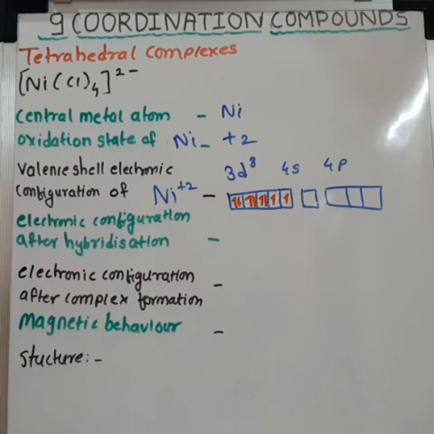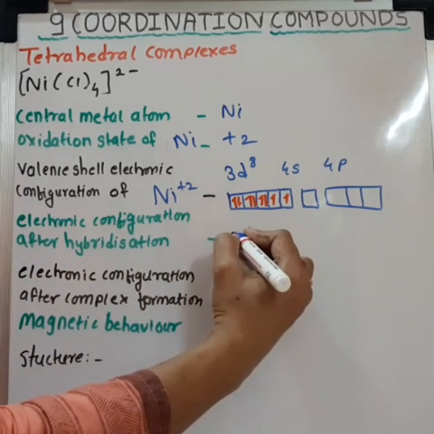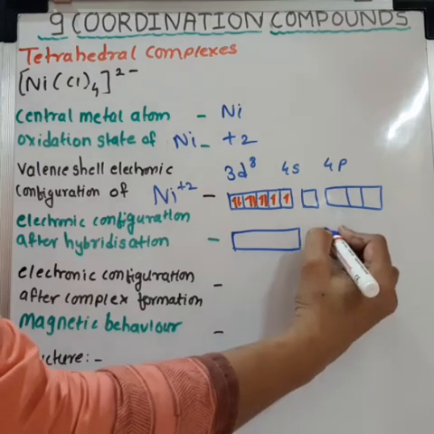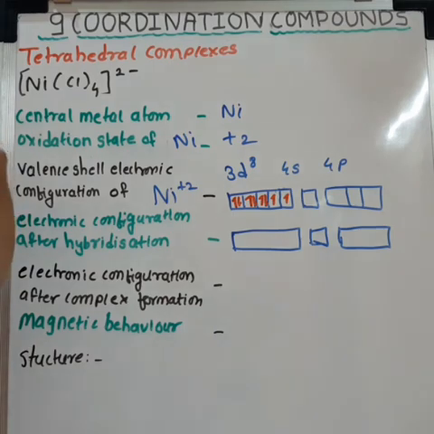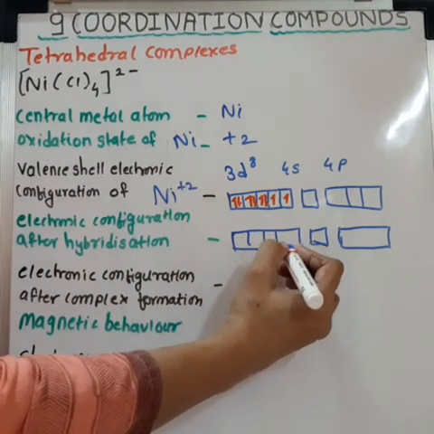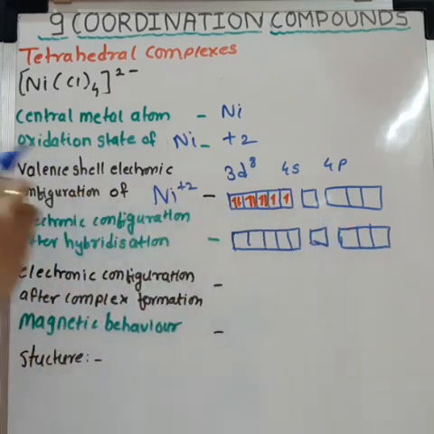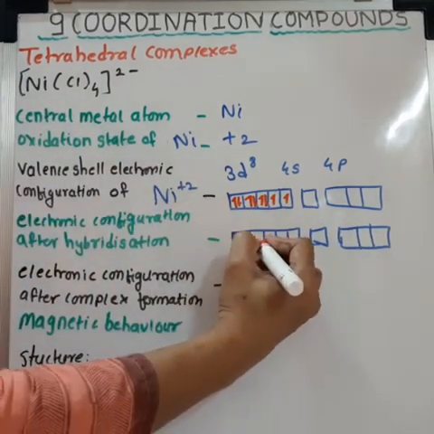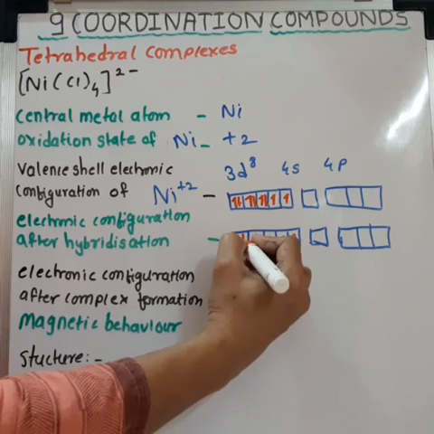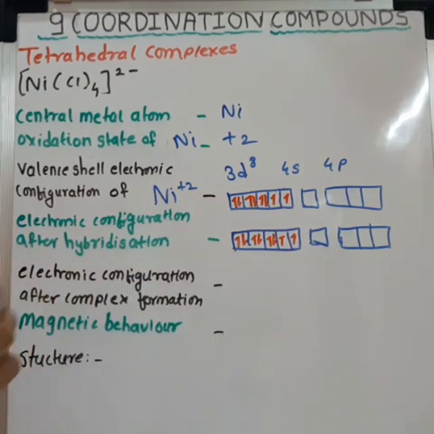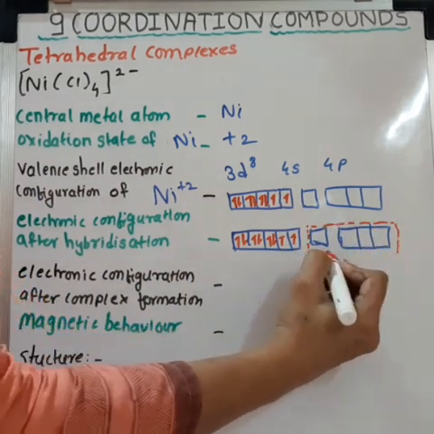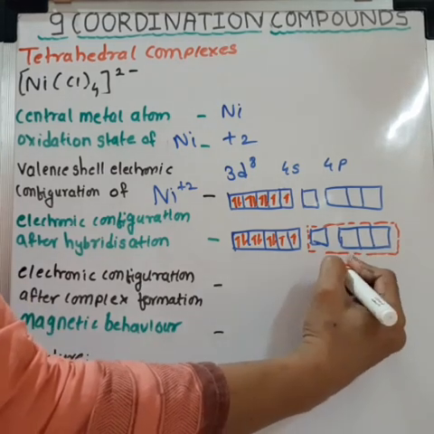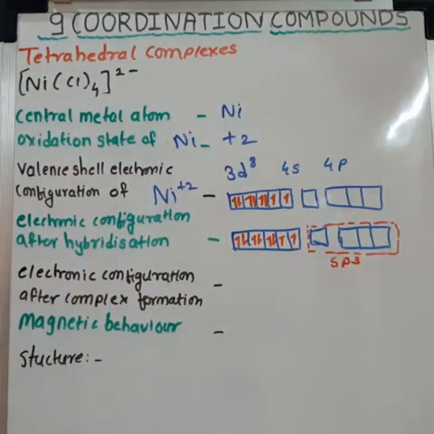And now the electronic configuration after hybridization will be: there are 8 electrons in the 3d shell and hybridization takes place in the s and p orbitals. These are sp3 hybridized orbitals.